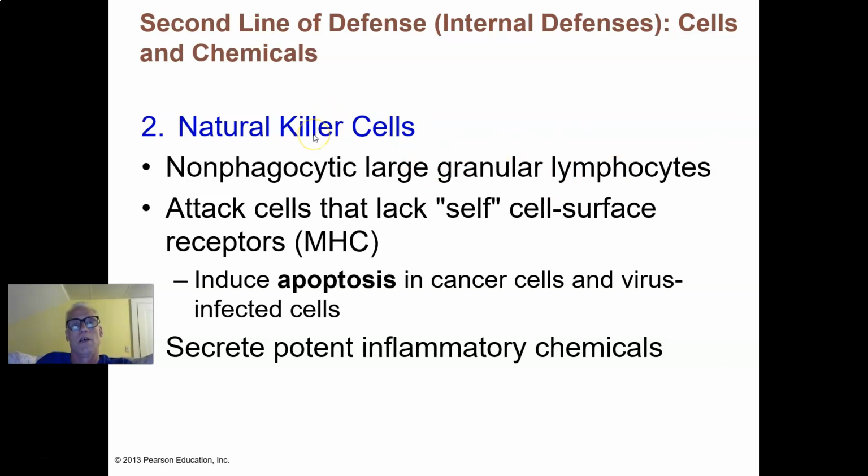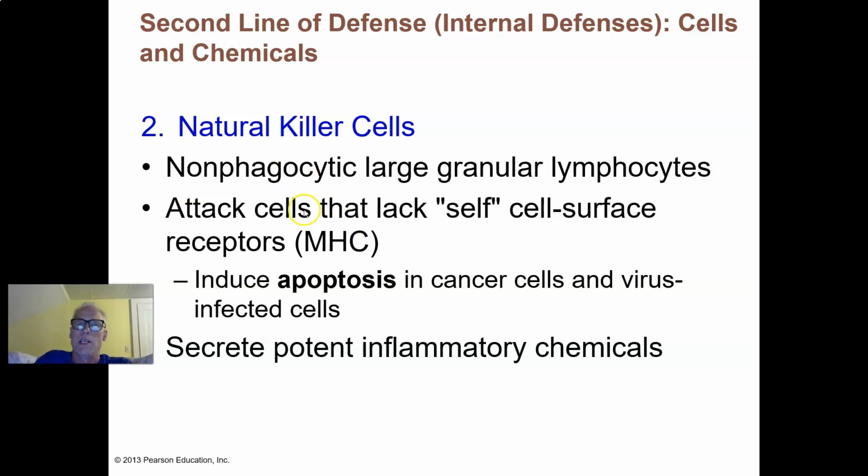Natural killer cells are a type of cell that's much like a lymphocyte. It's a type of lymphocyte essentially, but it's without all the fancy recognition abilities and specificity. Natural killer cells are going around looking for cells that don't have the proper MHCs on their surface. All your cells have to have this. It's like an ID tag that says, yes, that's one of ours.